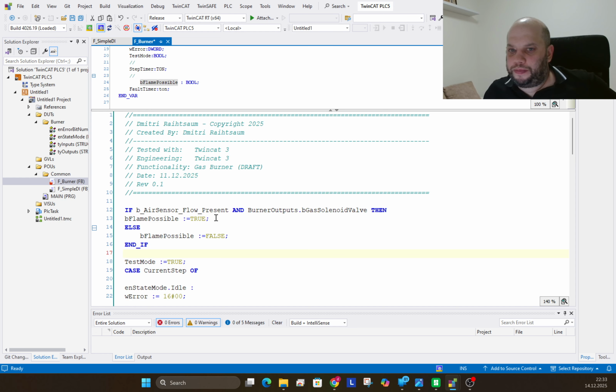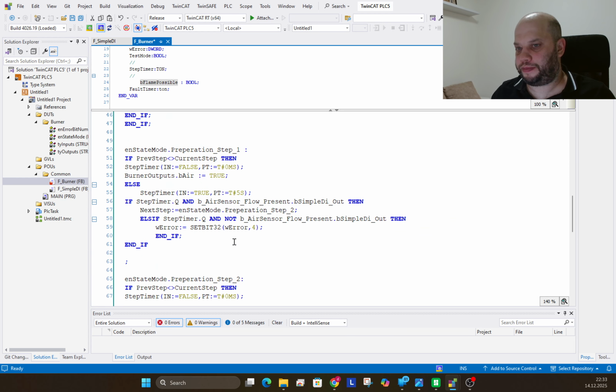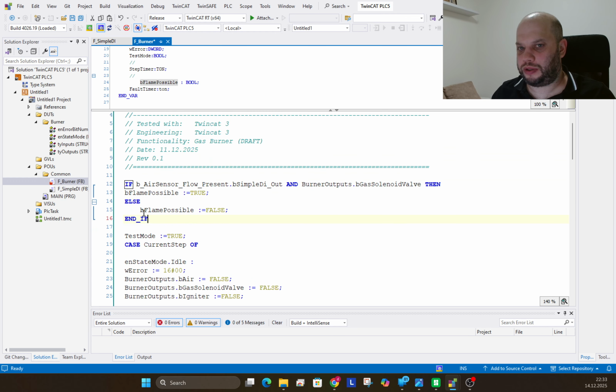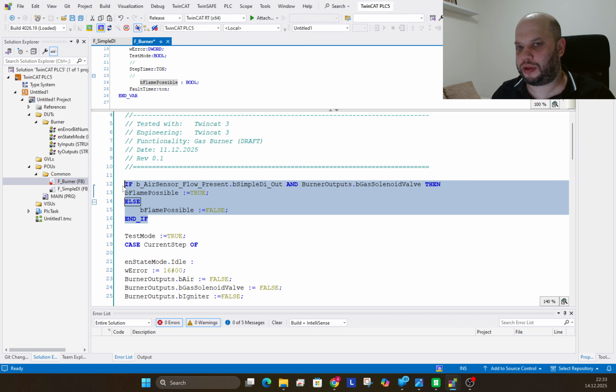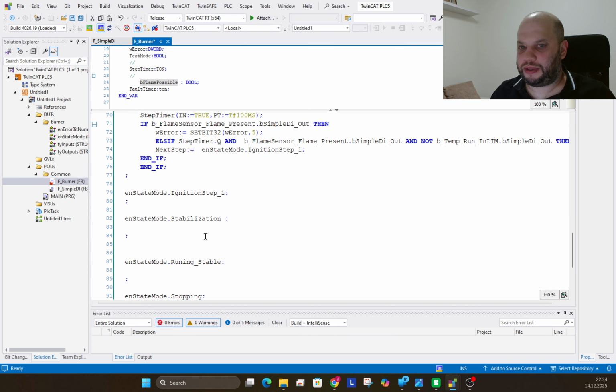If there is air and the solenoid valve is open, so flame is possible. I don't know. Let's hold. I think it should help me in the next steps. So what else?